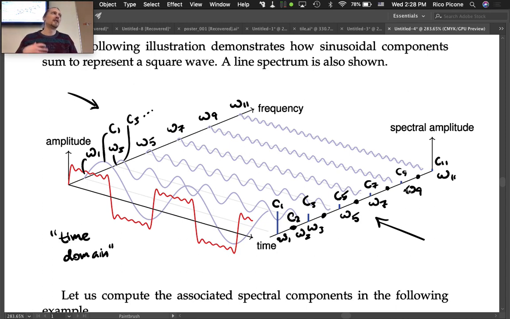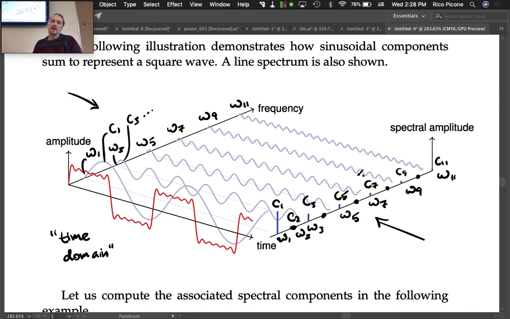So later on, not too much later on, probably when we come back from spring break though, we'll be talking about how a system will respond to certain frequencies and not respond to other frequencies. And so if your input signal has a certain spectrum and your system has sensitivity at certain frequencies versus other frequencies, we'll be able to understand how the system will respond to that input much better.